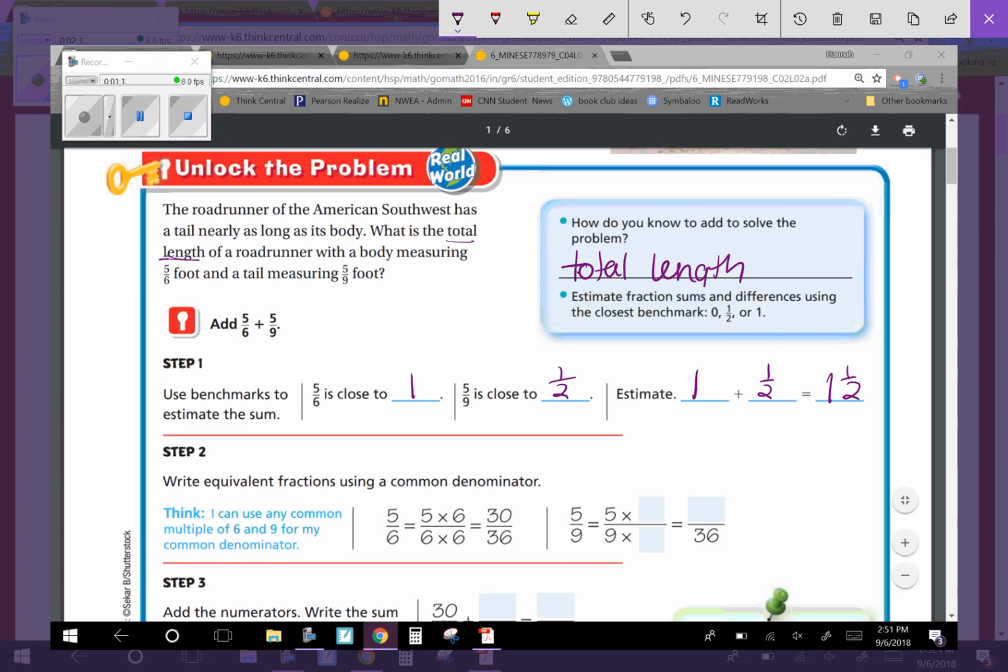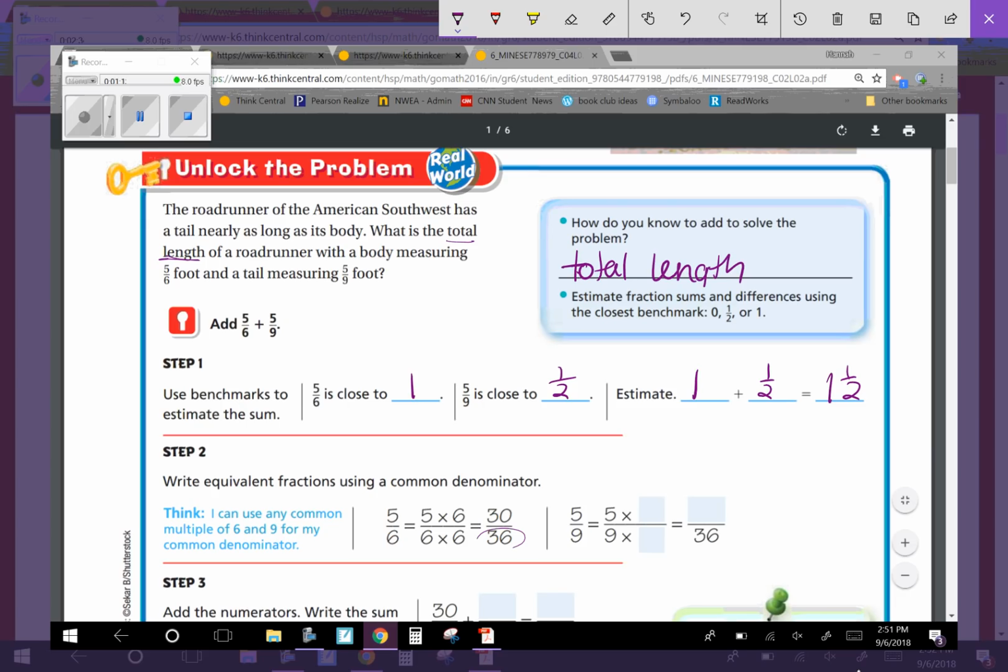So our next step is step 2, and we're going to write equivalent fractions using a common denominator. So you need to think, I can use any common multiple of 6 and 9 for my common denominator. So we have the 5/6, and we know that we can turn that into something with 36 on the bottom because 36 is a multiple of 6 and 9 both.